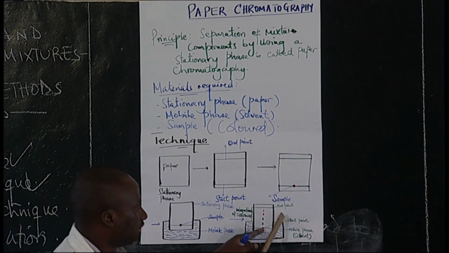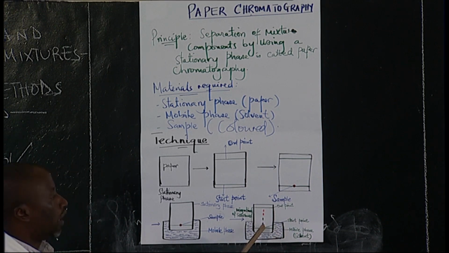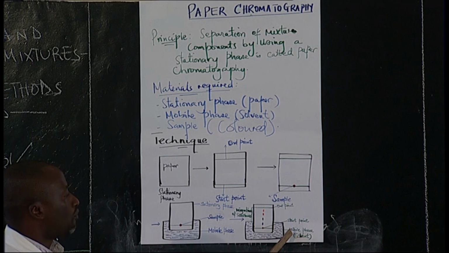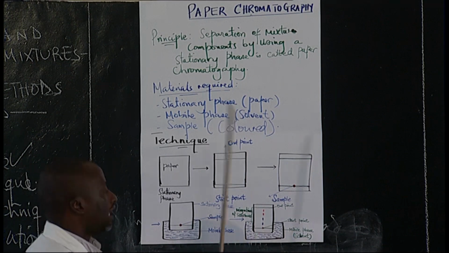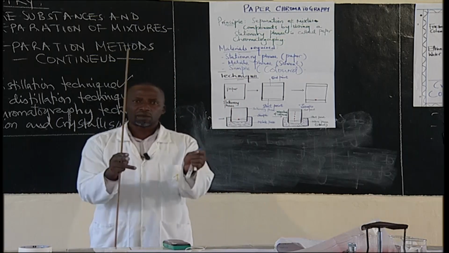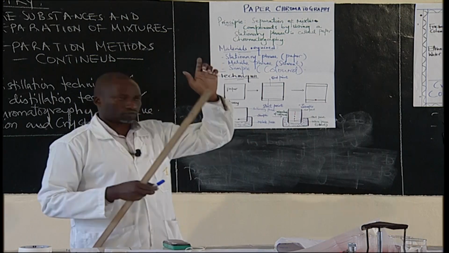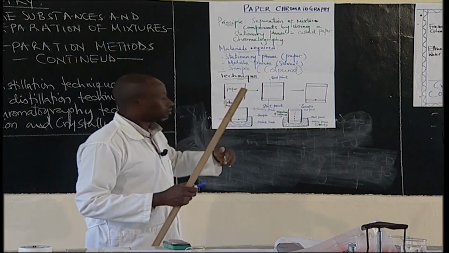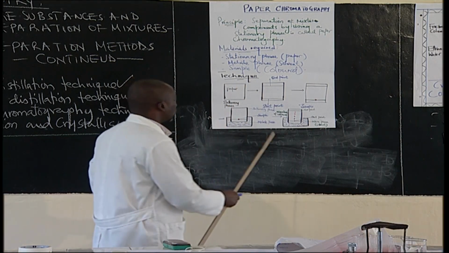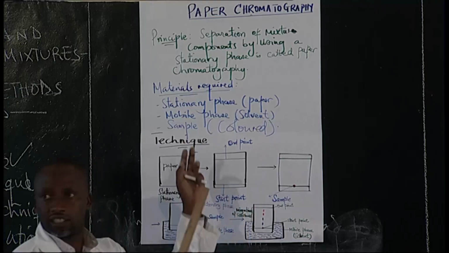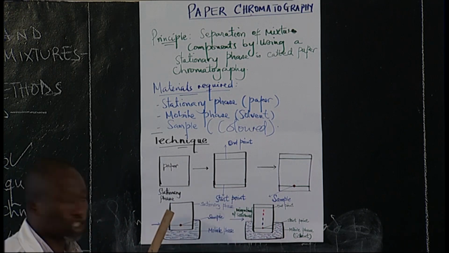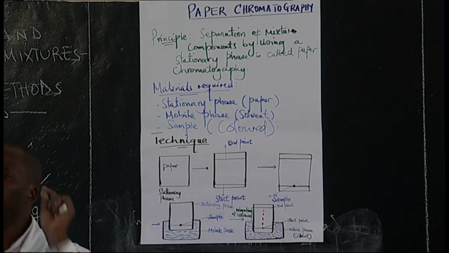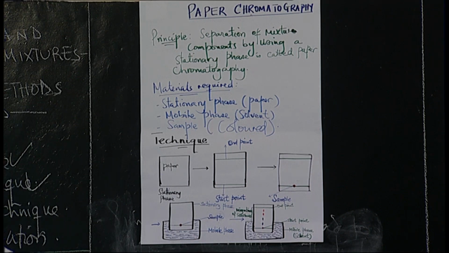The materials within the mixture will start moving up. We call it a vertical method. They start migrating. This migration will depend on the solubility of the solutes within that material. So this one uses solubility.